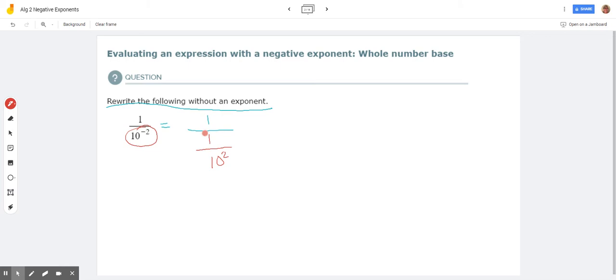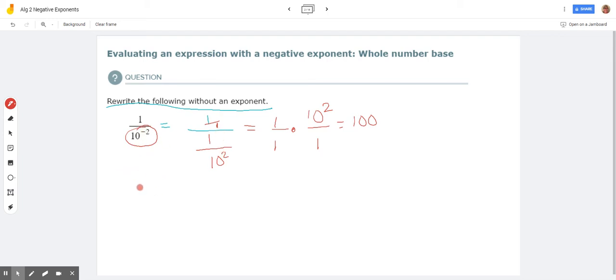Well, what if you were to do this? A number divided by a fraction means to multiply by the reciprocal. So we put 1 over 1 times the reciprocal of this, which is 10 squared over 1, which is 100. Okay, that's the definition way to go, and that's a lot more complex.